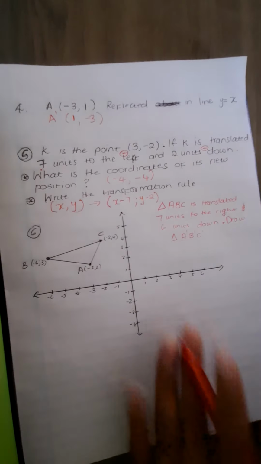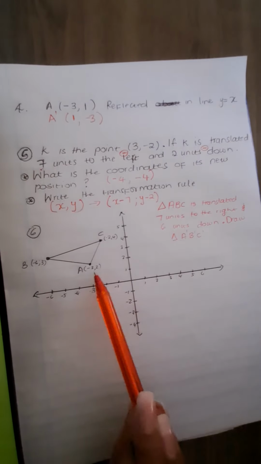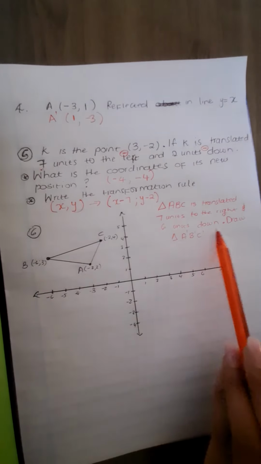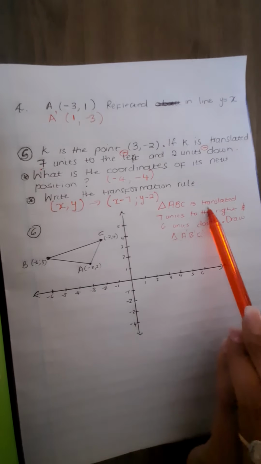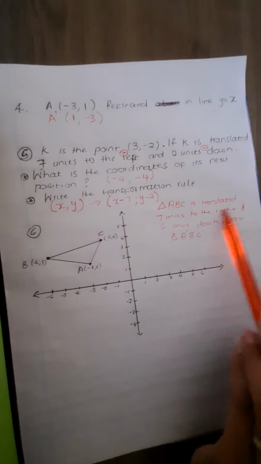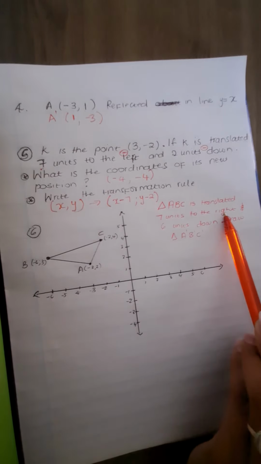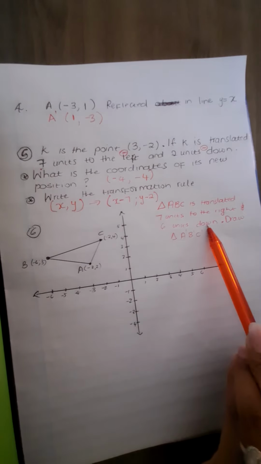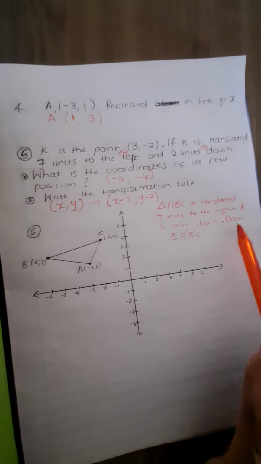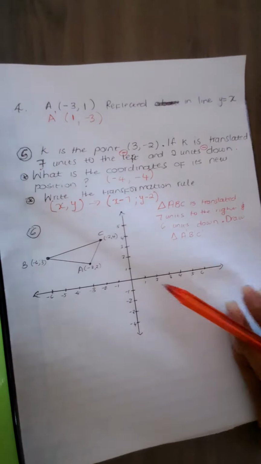For number 6, you are given this triangle ABC. They are giving you the information. They are saying triangle ABC is translated 7 units to the right, 6 units down. Then they're asking you to draw image A prime, B prime, and C prime.